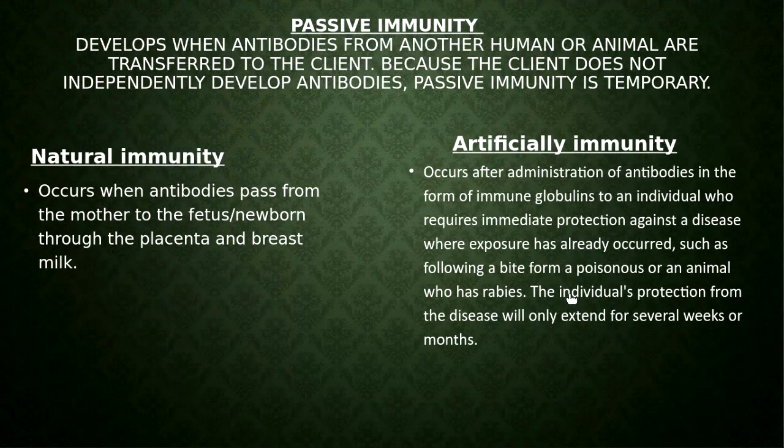Then you have your artificial immunities. These are artificially passive immunities. And this could be like from a bite or an exposure of some type. These are more passive.